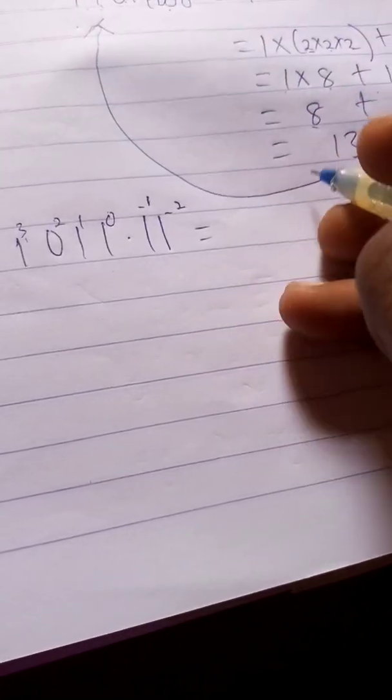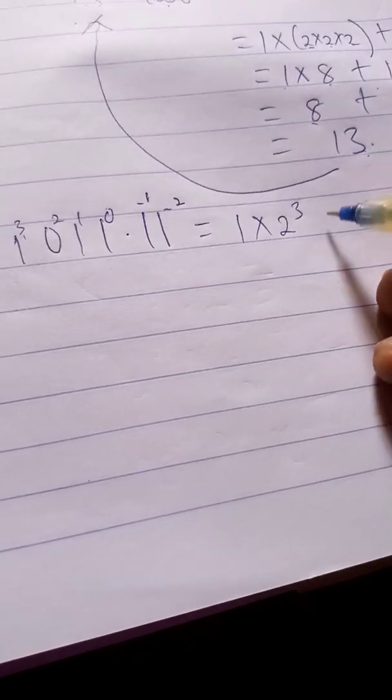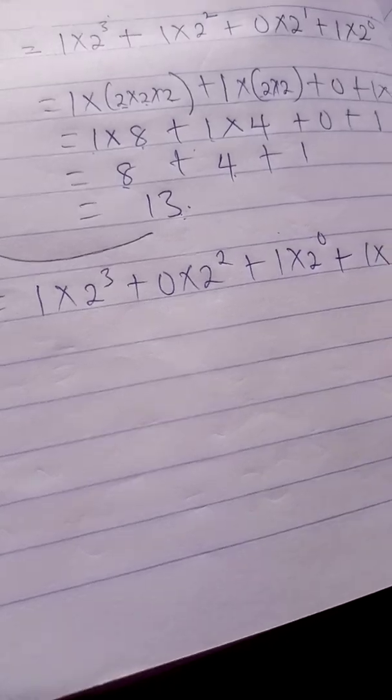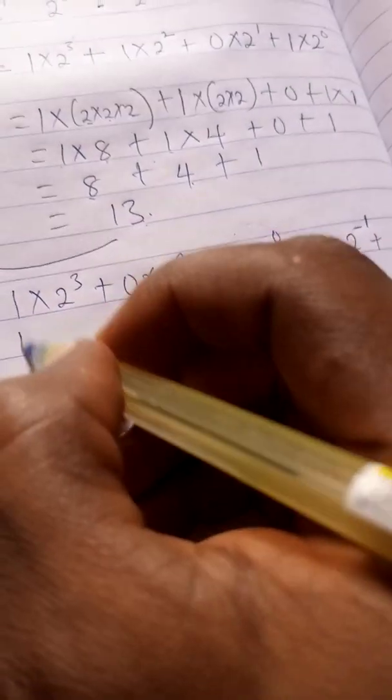We can now say 1 times 2 raised to power 3, plus 0 times 2 raised to power 2, plus 1 times 2 raised to power 0. For the part after the decimal point, we have 1 times 2 raised to power minus 1, plus 1 times 2 raised to power minus 2.